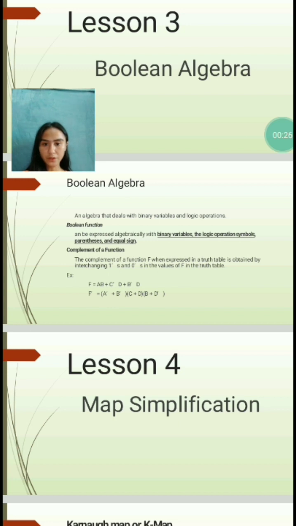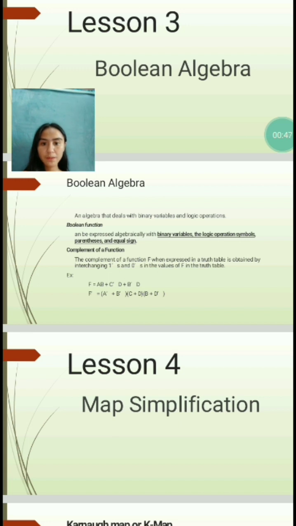Complement of a function: the complement of a function, when expressed in a truth table, is obtained by interchanging 1s and 0s in the values of F in the truth table. So this is an example of the complement of a function.